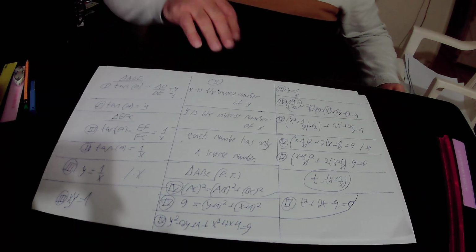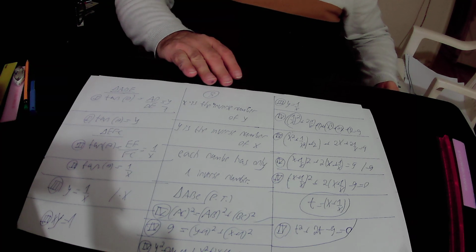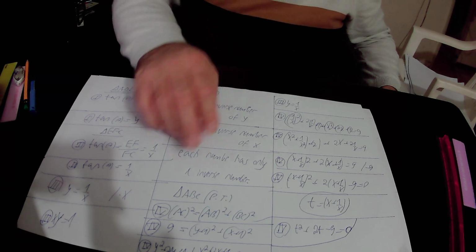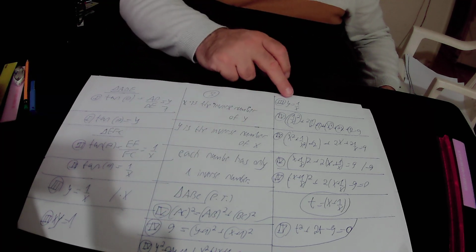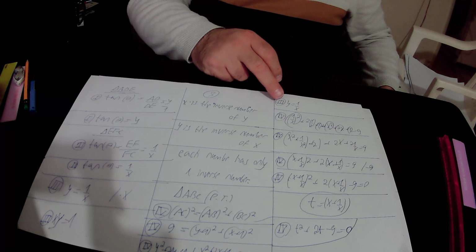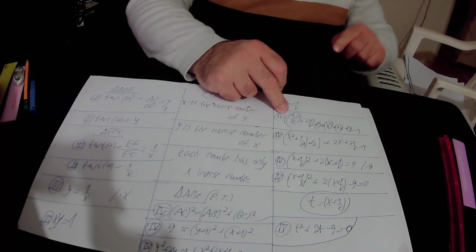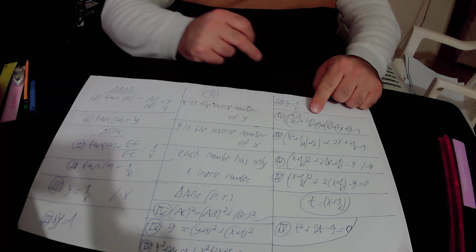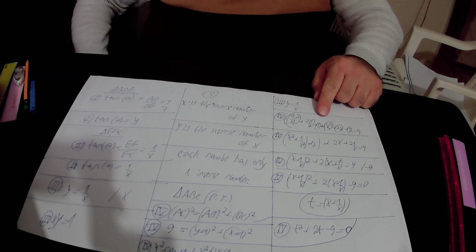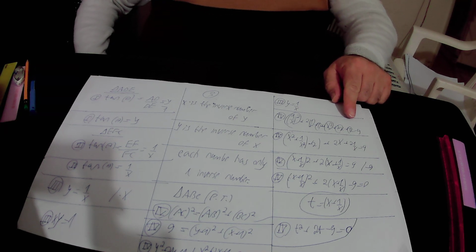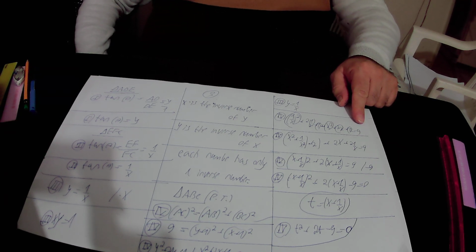But we have equation number 3 that states that Y equals 1 over X. That is to say, we can substitute Y in equation number 4 by 1 over X. We did it, and we got that Y square is 1 over X square, plus 2Y is plus 2 times 1 over X, plus 1, plus X square, plus 2X plus 1, that equals 9.